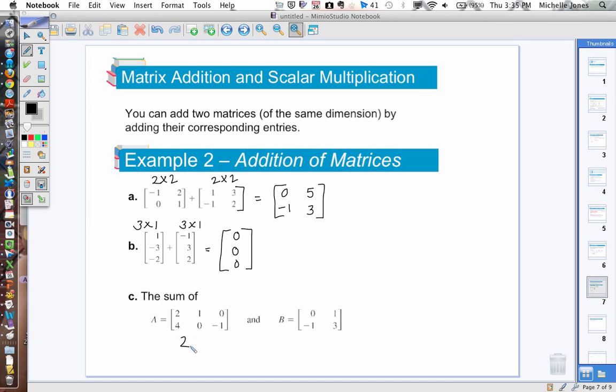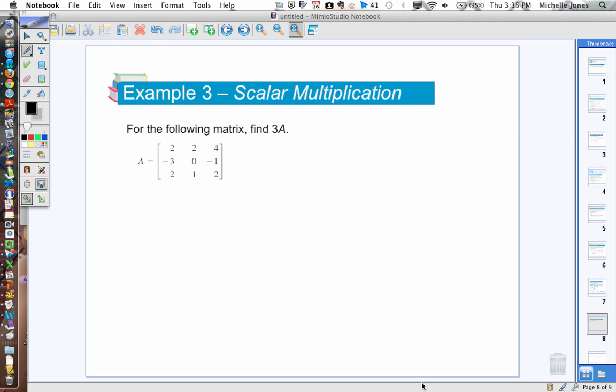That's the answer. And then for C, I start off with a 2 by 3, and I want to add that to a 2 by 2. My dimensions aren't the same, so this is actually undefined. So remember, when adding or subtracting, for that matter, matrices, the dimensions have to be the same.